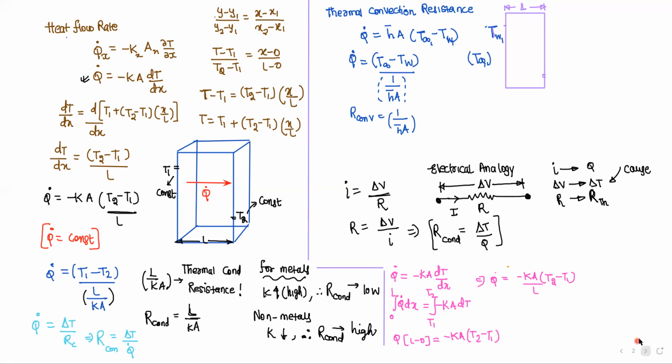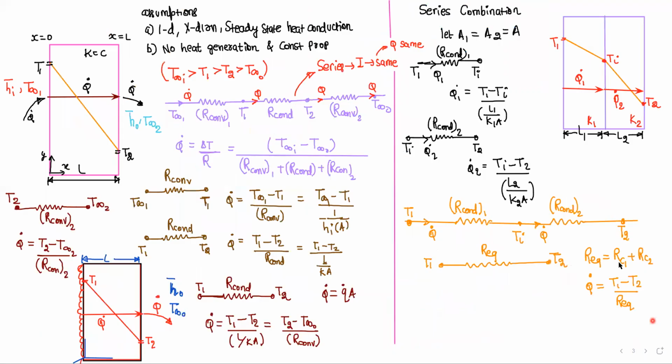We will use this for the plane slab, either in the series or in the parallel connection, or maybe a combination of series and parallel connection, as well as if the slab has different sets of conditions, like on one side the heat is transferred through convection, conduction, convection, or whatever be the combination, we will see.